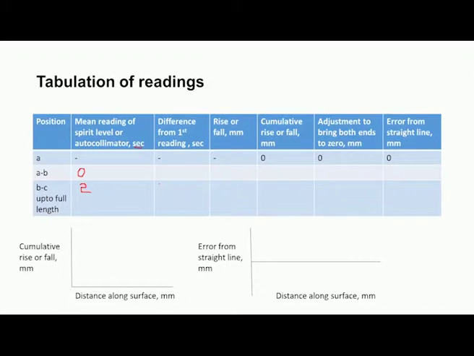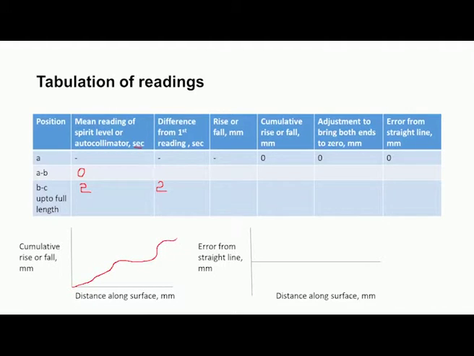Like this we should mark, and then we should find whether there is rise or fall, and then we have to add these values to get the cumulative rise or fall in terms of mm, and then adjustment to bring both ends to 0. It is like this: distance along the surface in terms of mm and cumulative rise or fall.